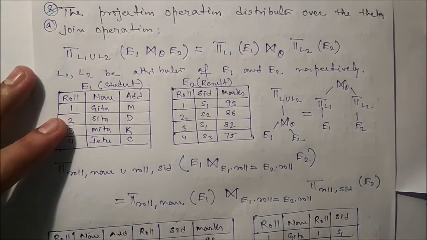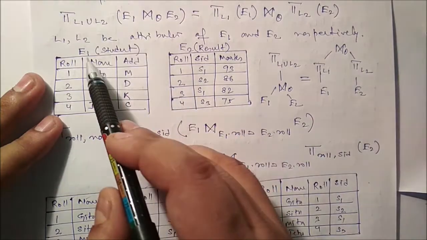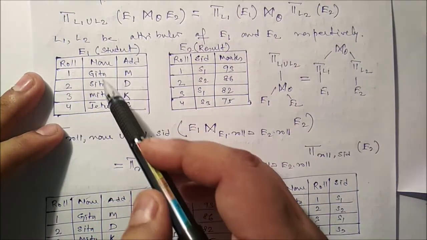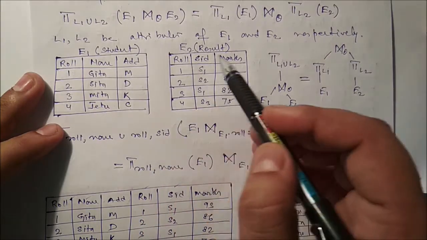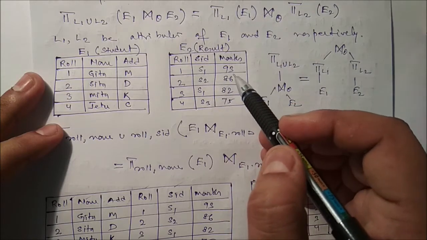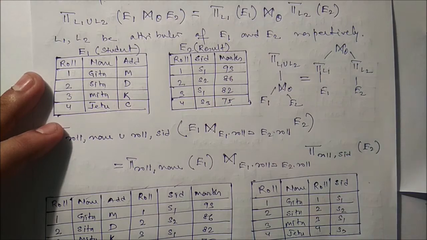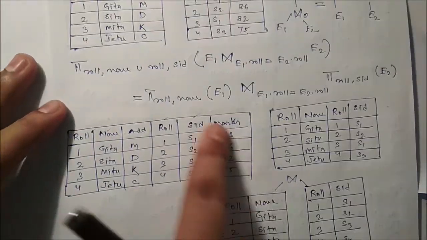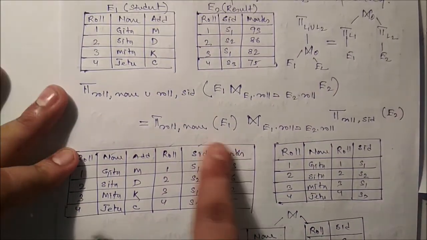So we can see one simple example. Now here two tables are there, E1 and E2, student and result. The roll numbers are 1, 2, 3, 4, names Geeta, Sita, Mita, Jitu, addresses Mumbai, Delhi, Kolkata, Chennai. Here the result has roll numbers 1, 2, 3, 4, subject IDs S1, S2, S1, S3, marks 93, 86, 82 and 75. Now suppose first of all we apply the theta join between E1 and E2. If we apply theta join between E1 and E2, we construct a table like this way.